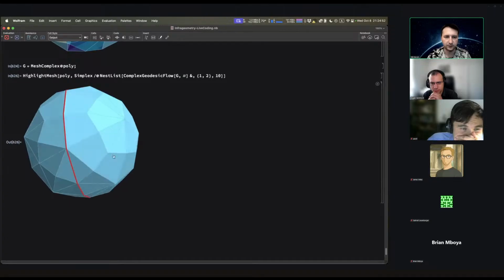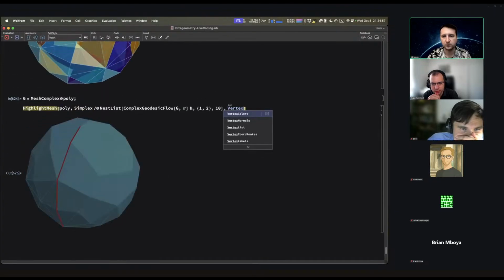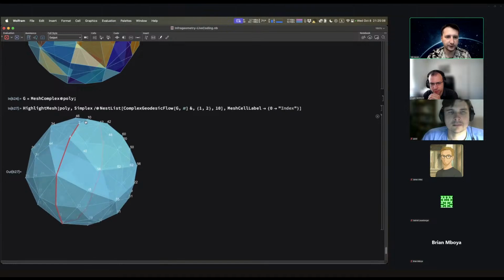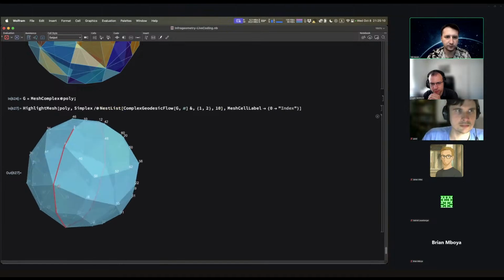And that's how we can do. How that mesh cell label. Label the vertices. So here is starting from 1 to, I guess this one.